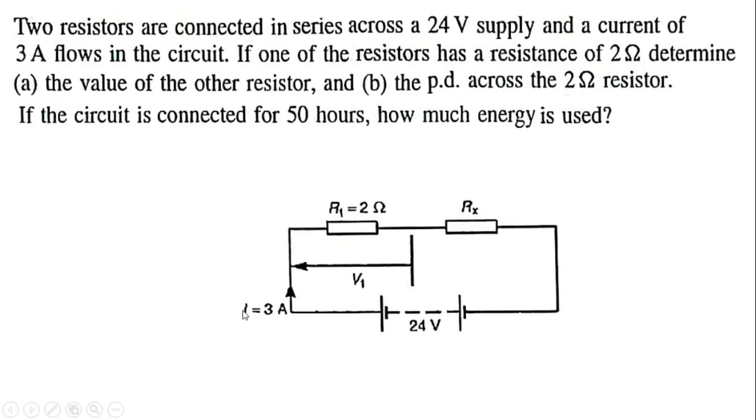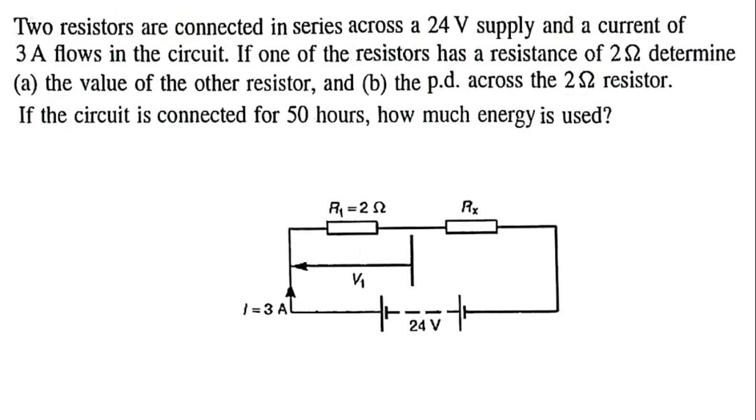Then we have our I, which is the total current, and it's 3 amps. Then we have the total voltage across the circuit, which is 24 volts. And then the PD across the resistor R1 is also unknown, so we'll be calculating that also.